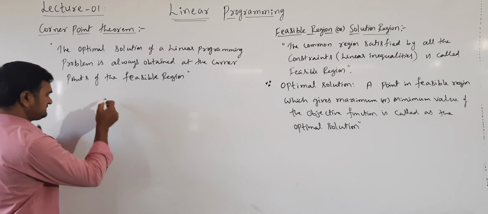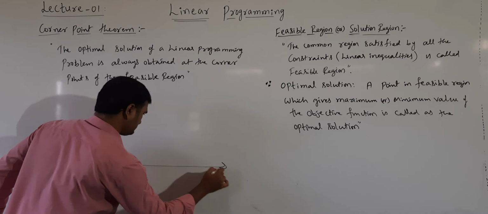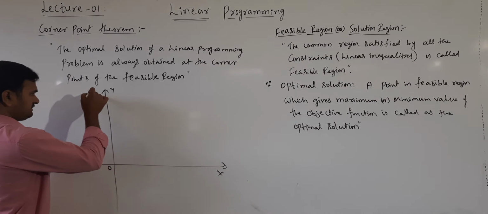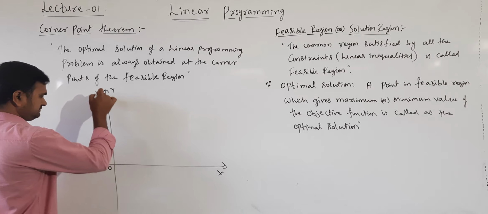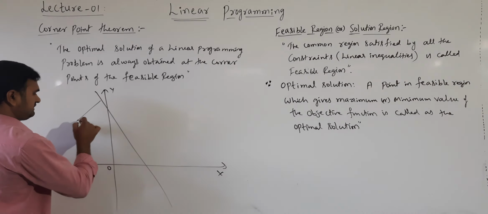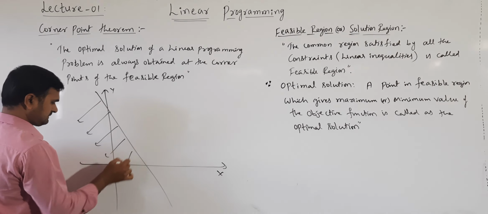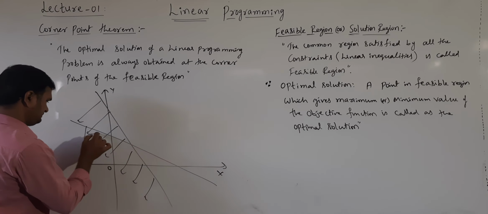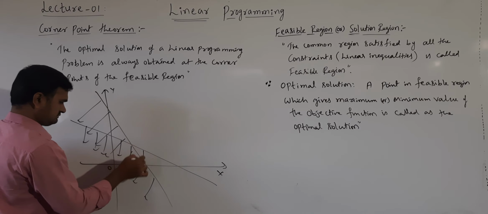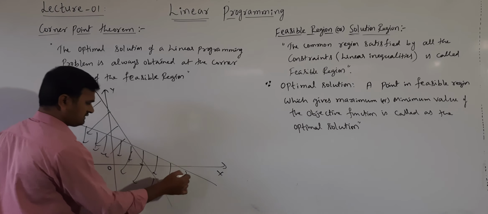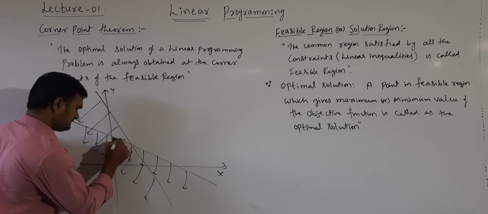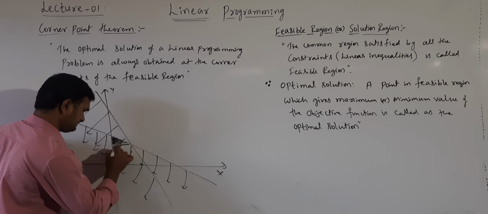See what is the meaning of this. As we have seen in the last case, we are drawing two inequalities, below this line and below this second line, and x positive, y positive means we are taking the solution region only in this first quadrant.